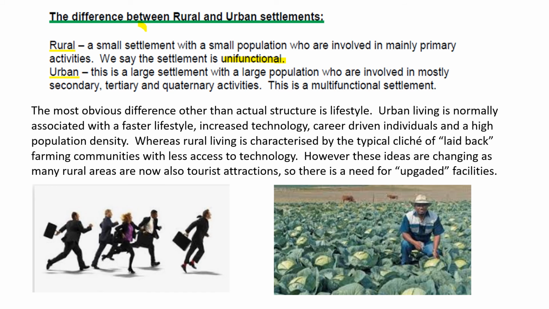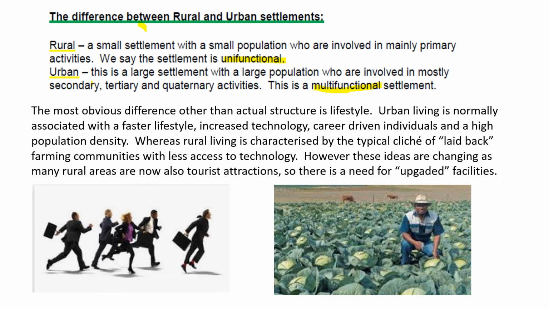Uni being one. So urban areas, much bigger population, and people are involved here in secondary, tertiary, and quaternary activities. So it's more than one type of function, so we call that a multifunctional settlement. We're going to get back to these terms, the secondary, tertiary, and quaternary, when we do economic geography.